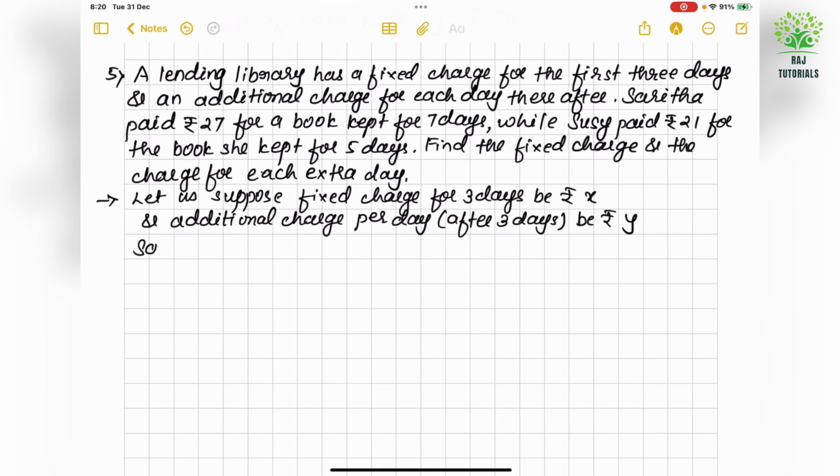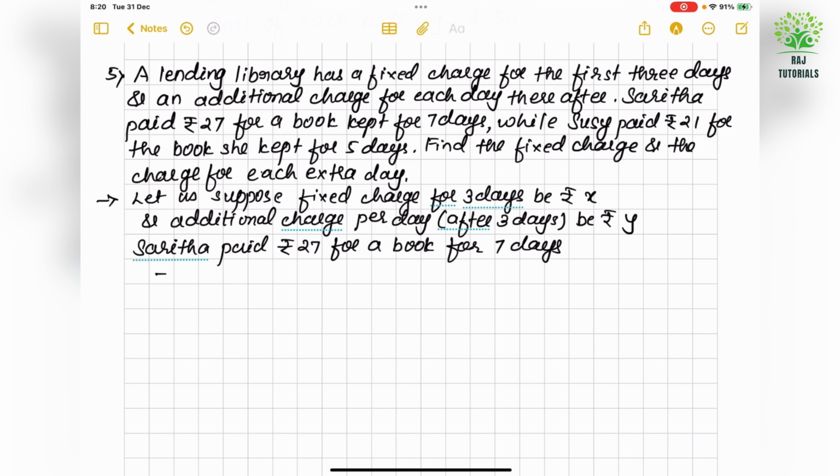So Sarita paid rupees 27 for a book for 7 days.